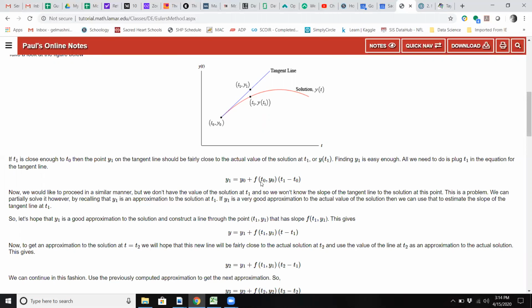It's kind of like an equation of a line if you think about it, right? But it's an iterative process where you're using it to approximate what you're actually looking for over here.